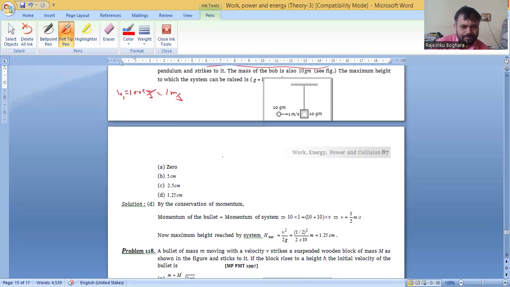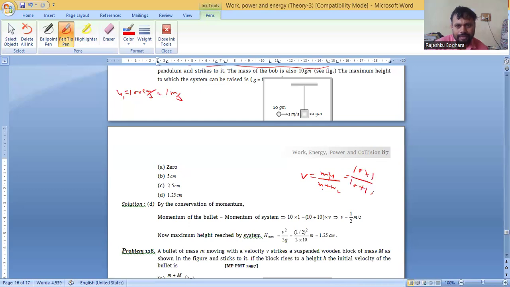So we know the final velocity v equal to m1 u upon m1 plus m2. So m1 is 10, u is 1, divided by 10 plus 10, so 1 by 2 meter per second. Final velocity of the system is 1 by 2 meter per second.